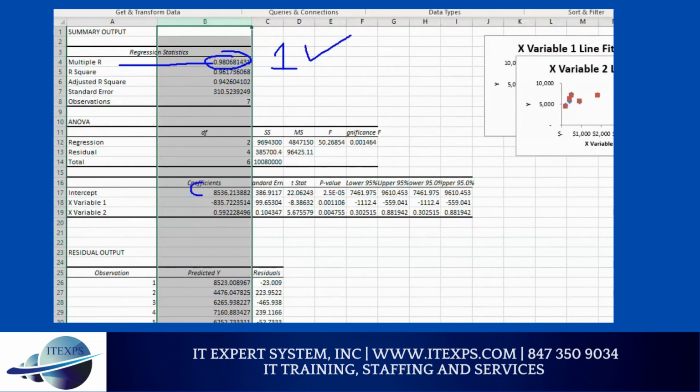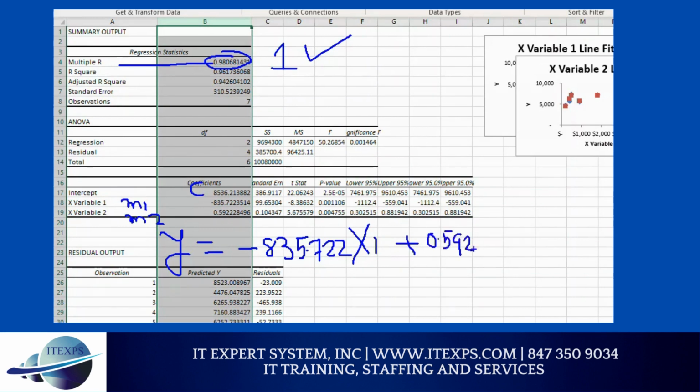Now you can see C is there, and you have here x1, which is M1, and x2, which is M2. So now the formula will be y equal to M1, which is here, minus 835.722 x1 plus 0.592 x2 plus C, which is here 8536.